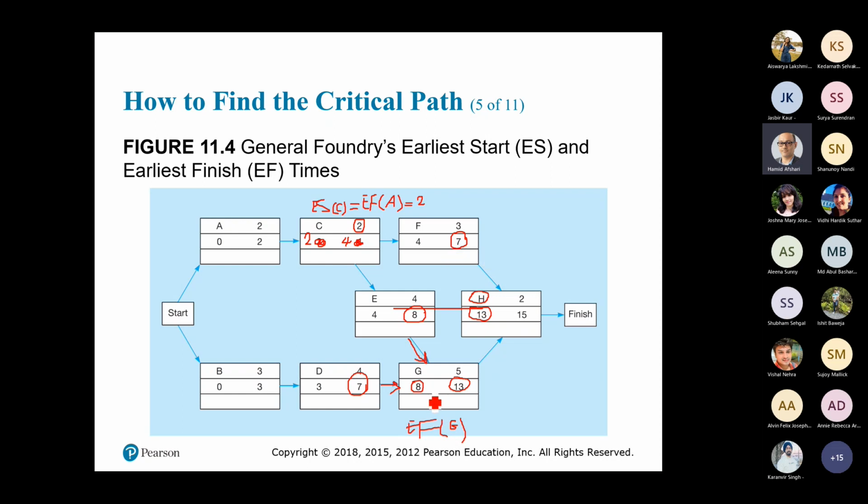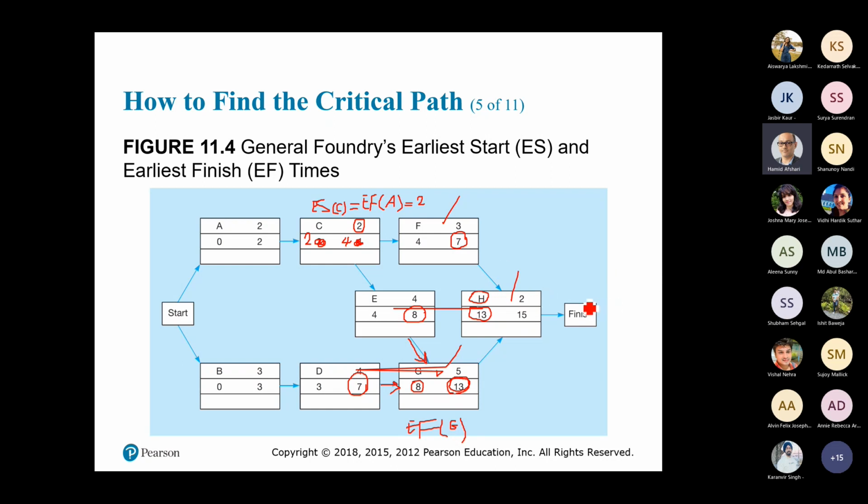Correct? What is the earliest time that these two activities can finish? The earliest time is 13 weeks, correct? So that's the way that you calculate the earliest start and earliest finish of the projects.